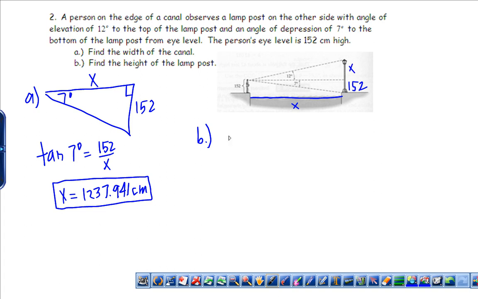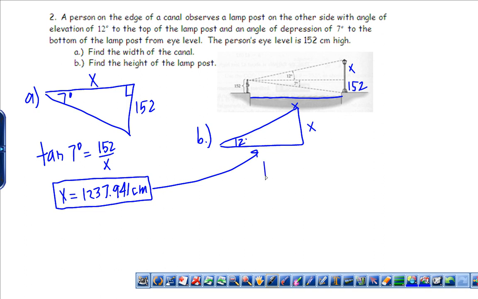The nice thing about this is I can use my top triangle now. This is 12. I don't know x, but I do know this bottom one, which I just found, was this number right here. And it's still in my calculator, which is the nice thing about it. And I can use tangent again.